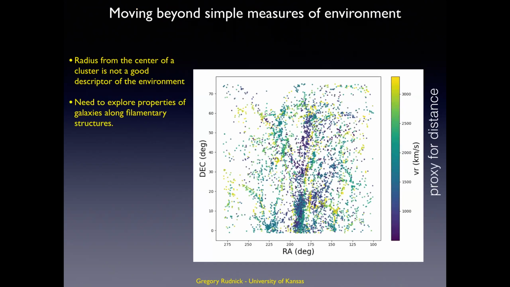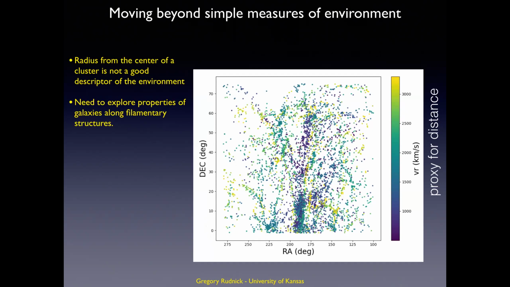So this is an image of the sky. It's a huge region of the sky. In declination, it goes from about -10 all the way up to 80. And in right ascension, it goes from 100 degrees to 275 degrees. Every dot in here is a galaxy. And the color scale here is how fast those galaxies are moving away from us, from the expansion of the universe.